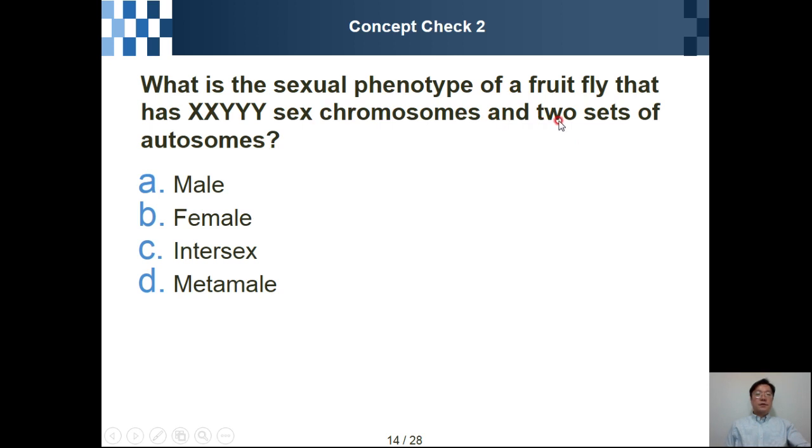What is the number of haploid autosomes? They have 2 sets, which means 1 and 2. So the ratio will be 2 over 2, which means the ratio will be 1. In this case, the sexual phenotype will be female. Okay.